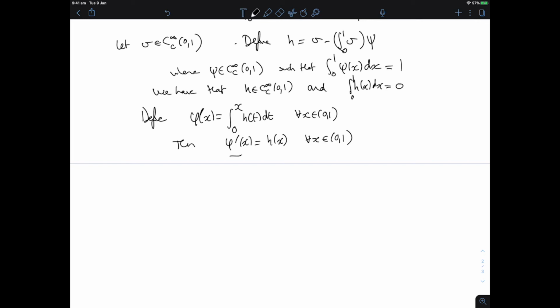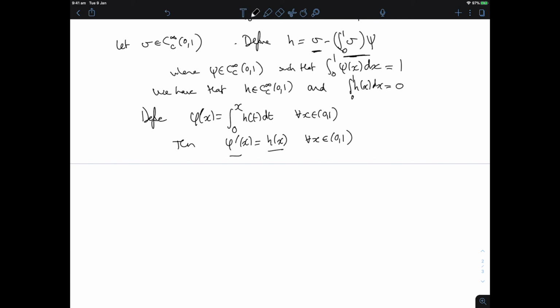My phi prime is h, and my h is almost v, except for this almost constant term that has been subtracted from it. So I want to show that the integral of u bar v is the integral of u v, and I'm going to do that by first showing that the integral of u bar h is the integral of u h, and I'm going to do that because h is a phi prime.